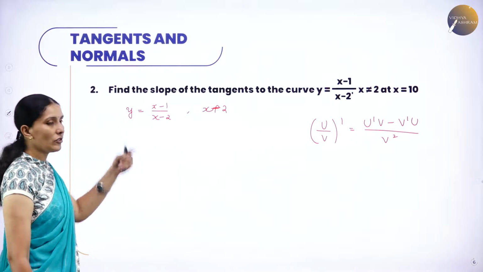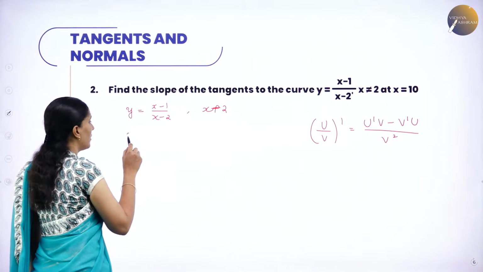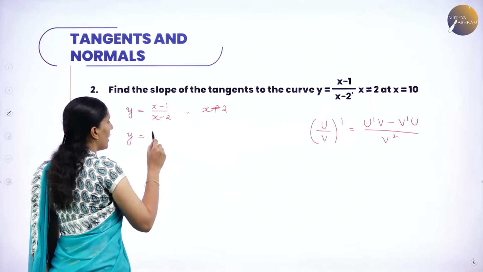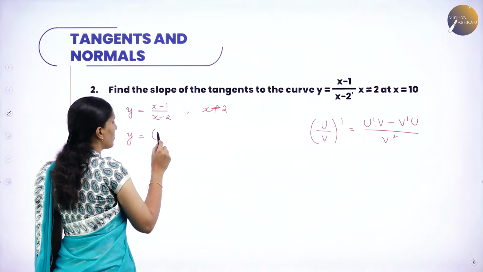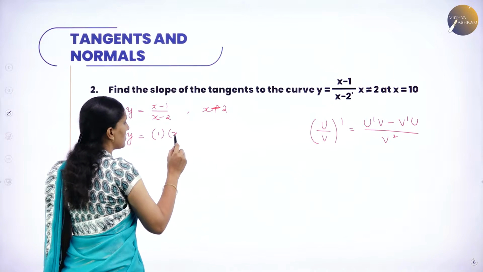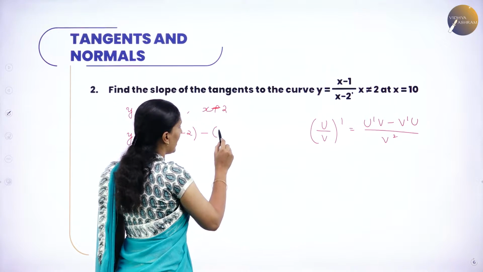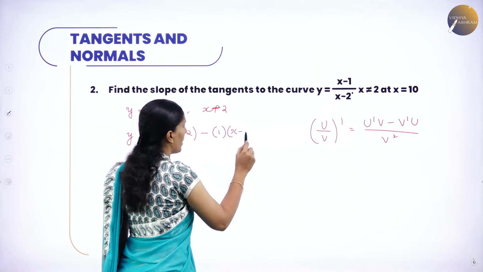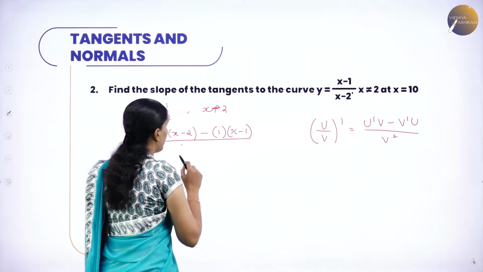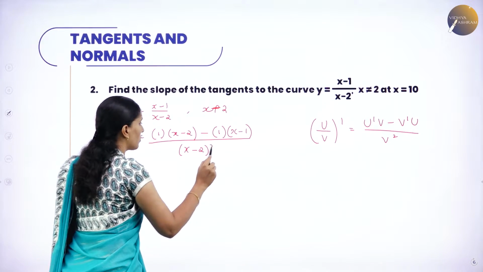So differentiate the first and write the second as it is. Next, differentiate the second and write the first as it is. So we get dy by dx is equal to the derivative of x minus 1, which is 1, times x minus 2 as it is, minus the derivative of the second, which is 1, times x minus 1 as it is, whole divided by x minus 2 whole square.